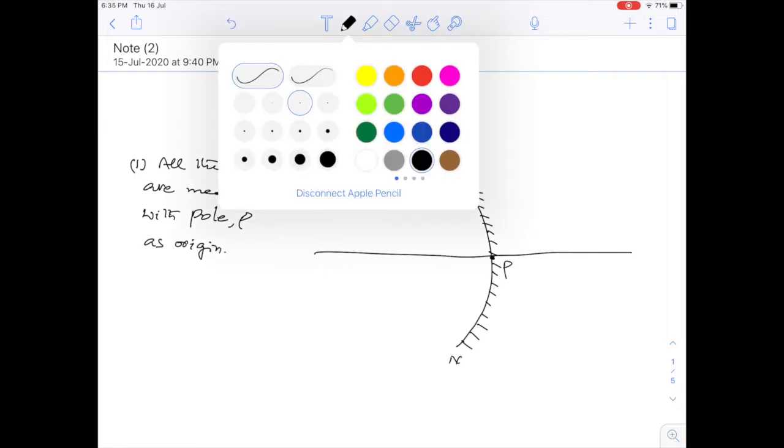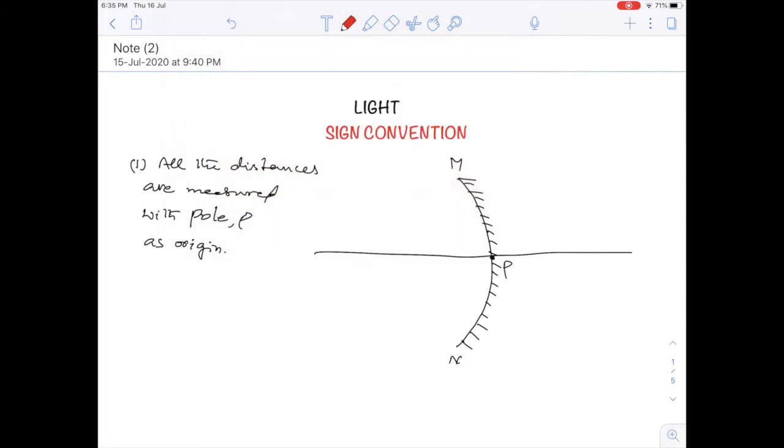So, if I consider this line, this line will become the y-axis, and this is the principal axis.